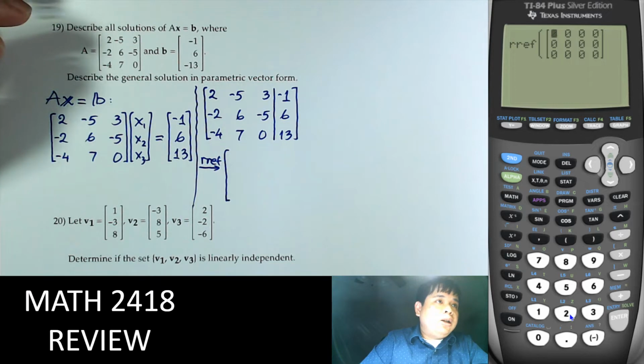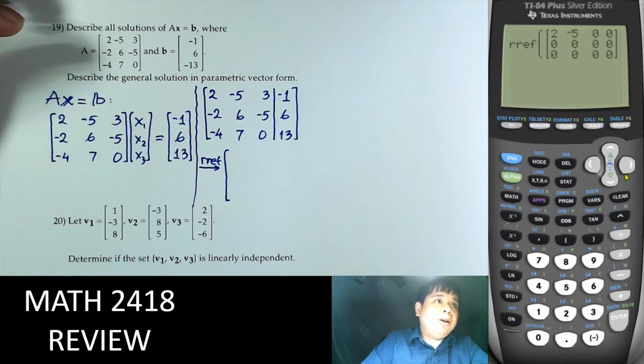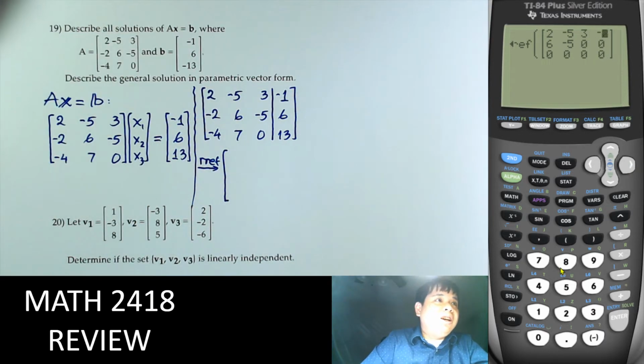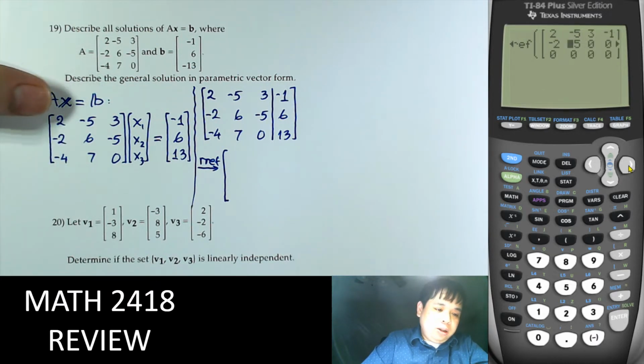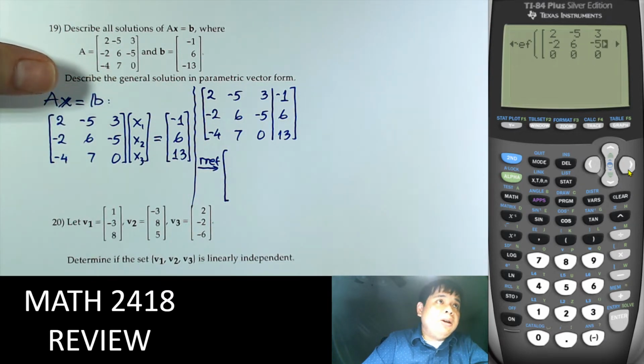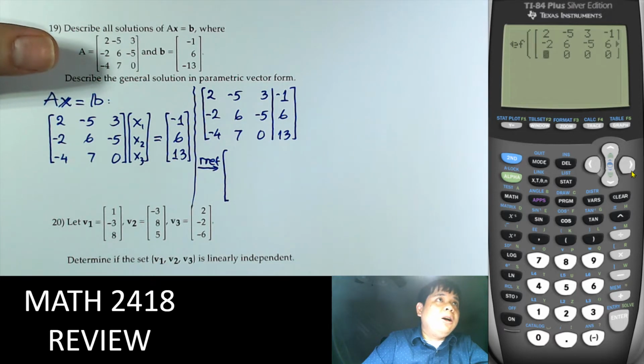Right. 2, -5, 3, -2, 6, -5. Wait. So look at this. -1, -2, 6, -5, 6, -4, 7, 0, and 13.